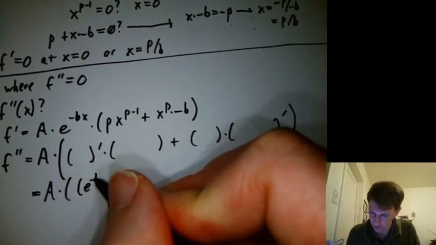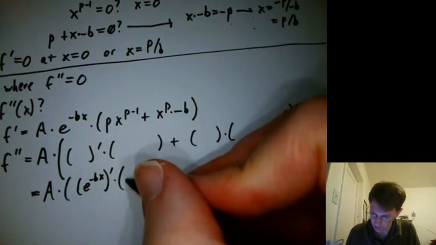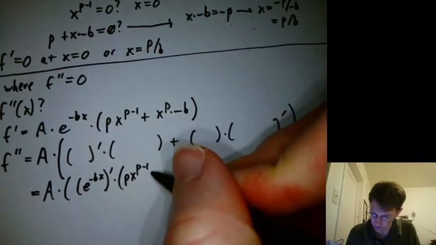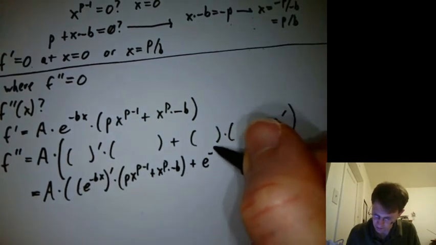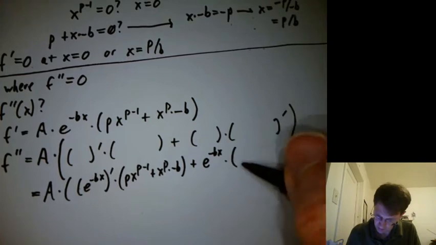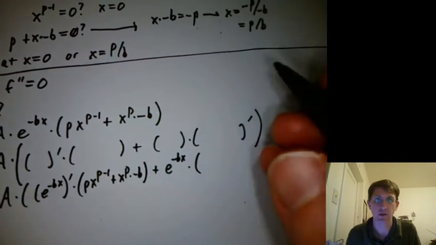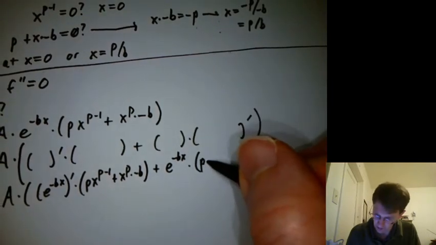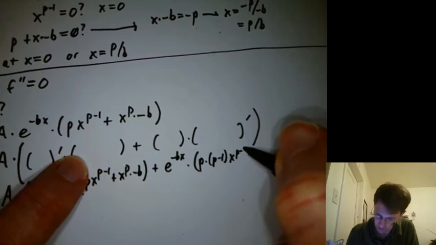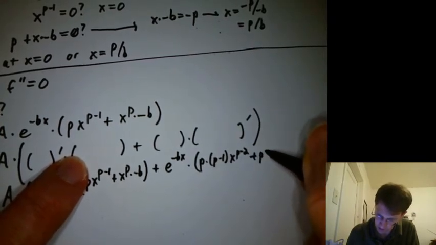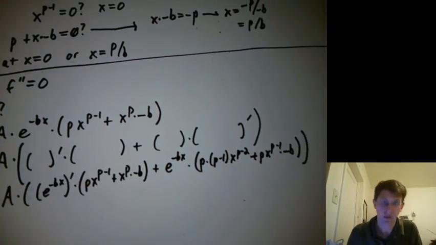So e to the minus bx prime times all that stuff, px to the p minus 1 plus x to the p times minus b, plus e to the minus bx times, can we just take the derivative of that right now? It's just power rule stuff. So the p gets copied, the p minus 1 comes down, we get x to the p minus 2, plus px to the p minus 1 times negative b, like that.